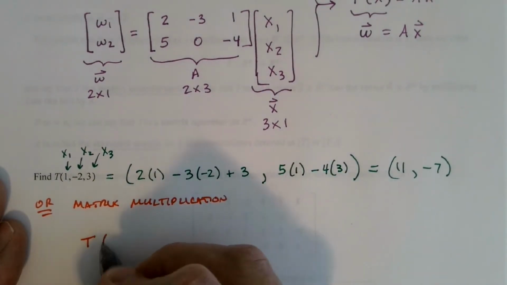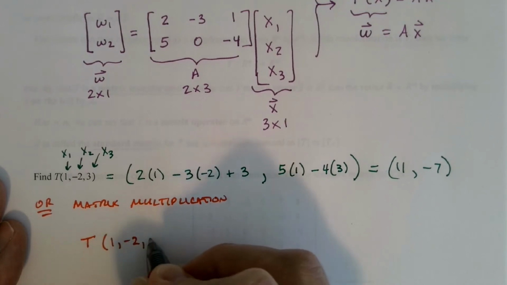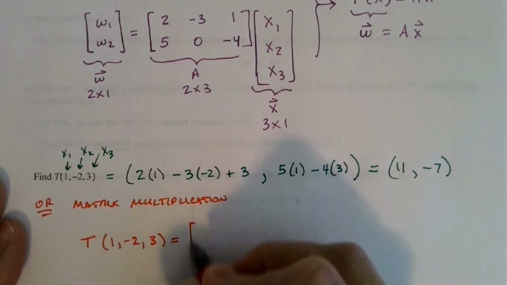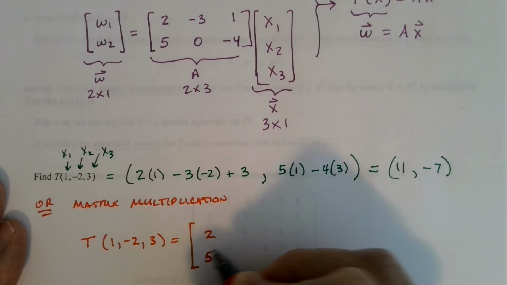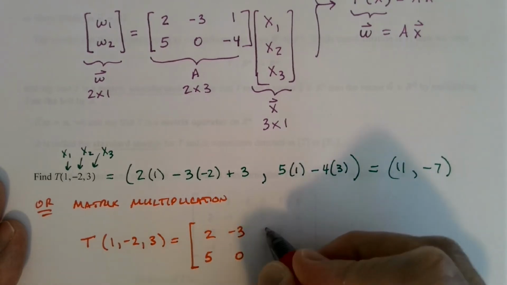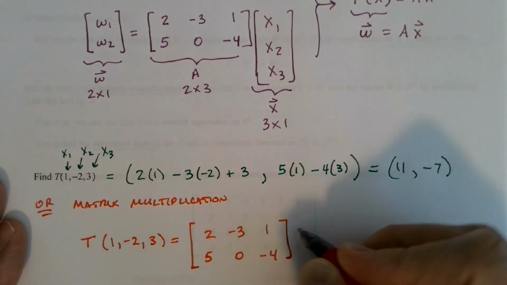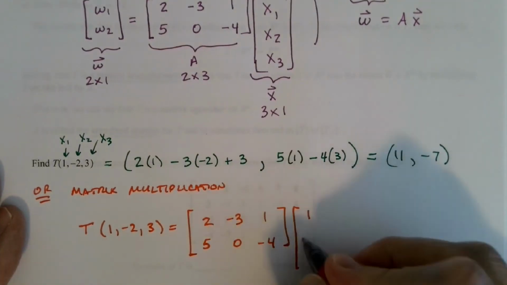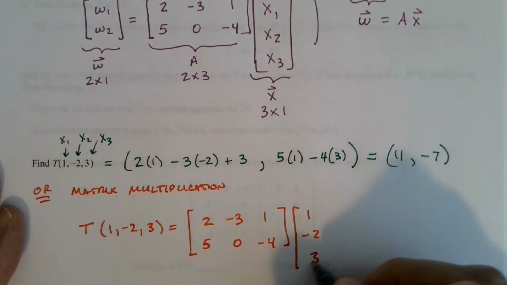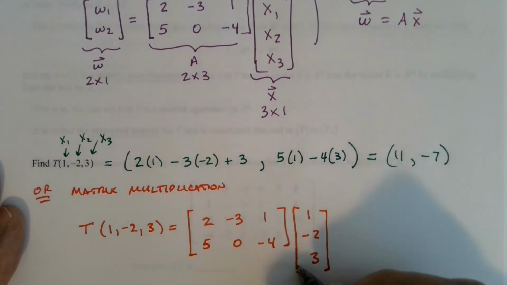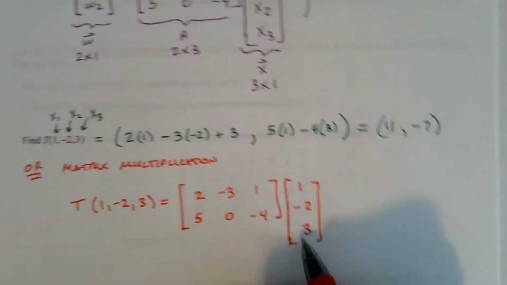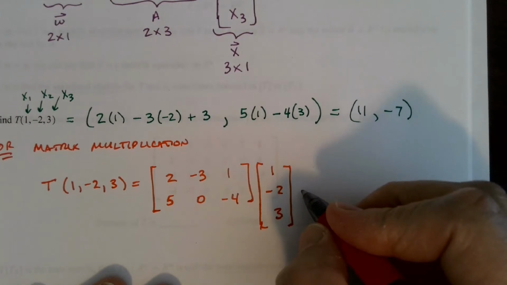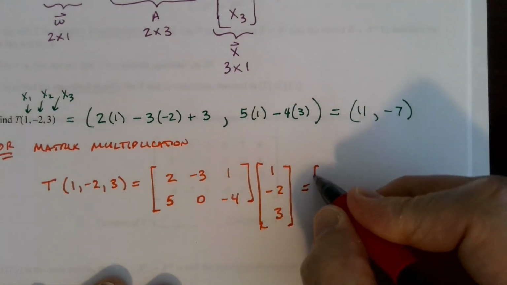So T of (1, -2, 3) is the matrix A times the vector (1, -2, 3). Of course, I'm going to write it as a column vector. Why? So that the matrix multiplication is indeed defined, right? I've got a 2 by 3 times a 3 by 1, so I get a 2 by 1.